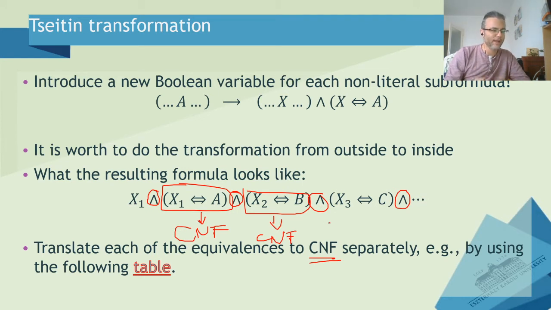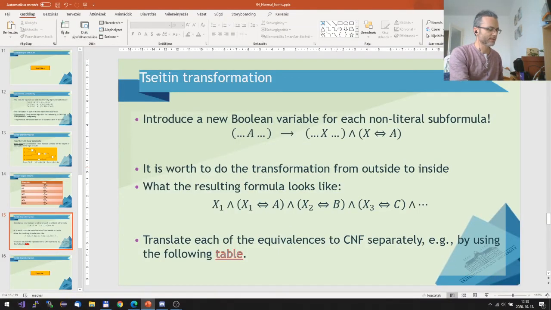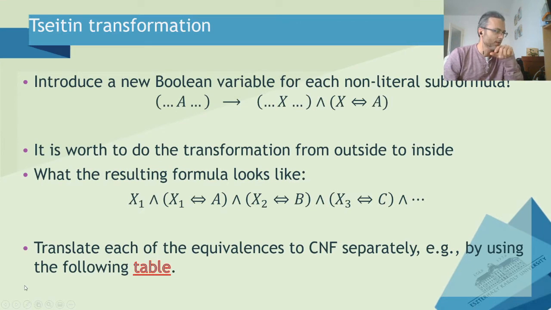Something else here. You don't really have to think much about how to translate those equivalences to CNFs, because they look quite alike. On the left hand side, in each of the equivalences, you have one single variable. x1, x2, and x3 are only variables.